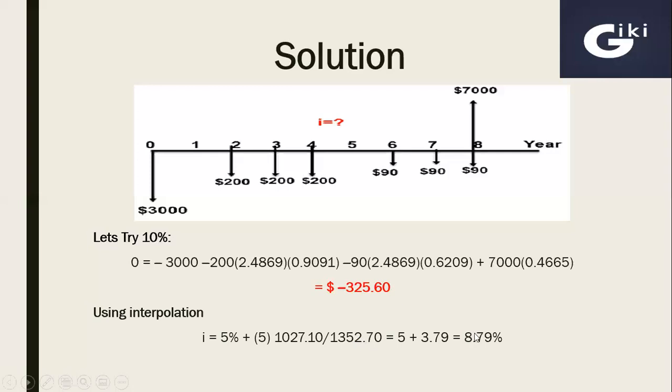So the rate of interest will be 8.79%. So this is known as rate of return or internal rate of return. If we use this rate of interest to solve this equation, the present worth will be equal to 0.